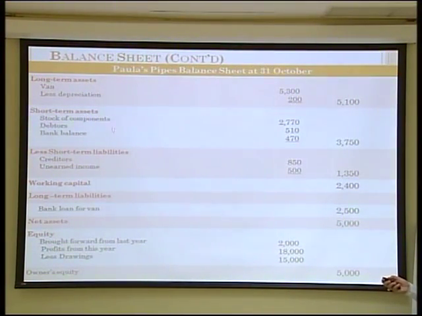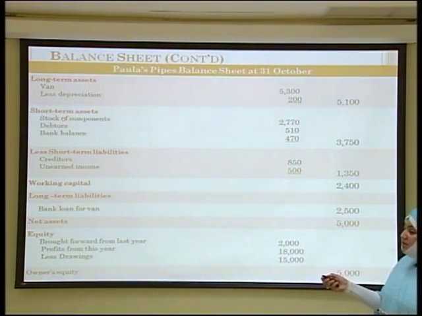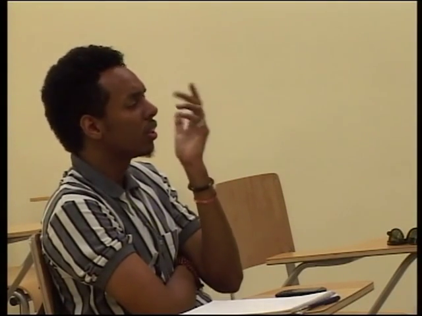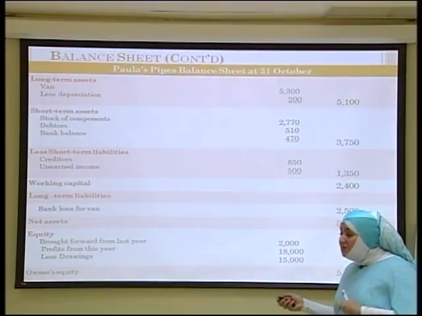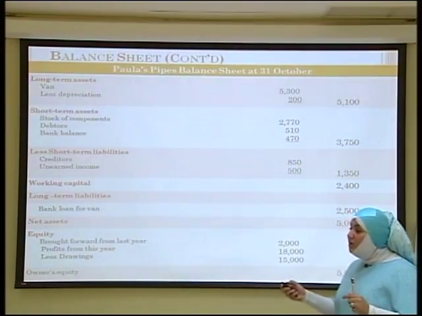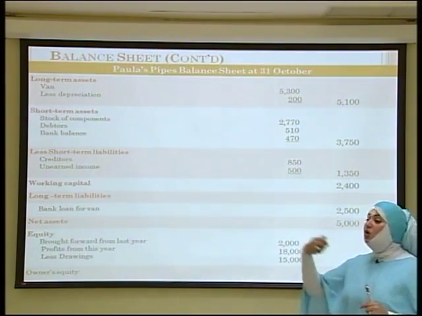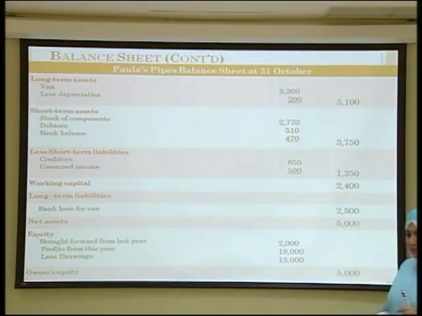Then they show the short-term assets like a stock of components, inventory: 2,770. Debtors is the same as accounts receivable. Paula provided services on credit to somebody: 510.